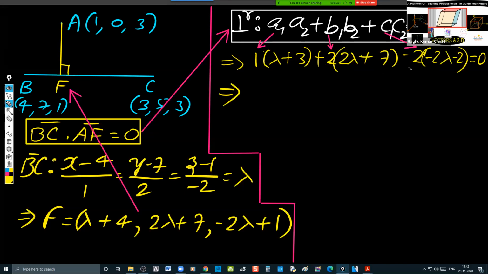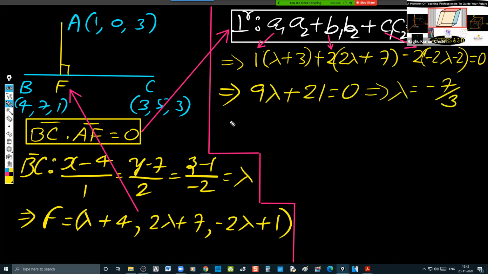So this is 4 lambda plus 4 lambda, 8 lambda plus lambda, 9 lambda. Let us see the constant: 3 plus 14, 17, 17 plus 4, 21. Is equal to 0, which implies lambda is equal to minus 7 by 3.